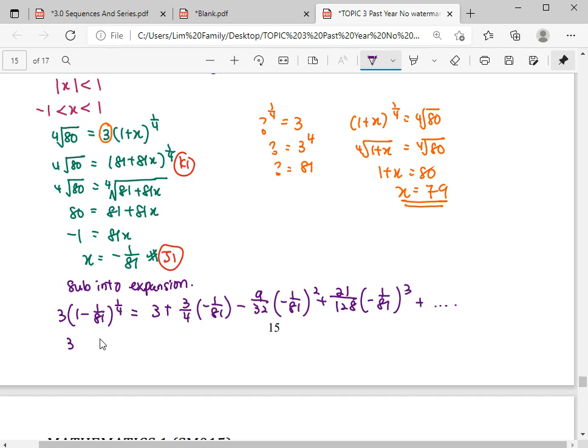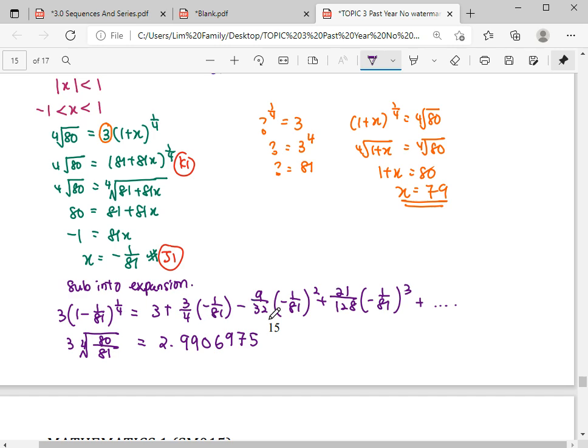So you will get fourth root, above is 80, below is 81. And what is the decimal here? Okay, so for the right hand side, we press the calculator right away, straight.